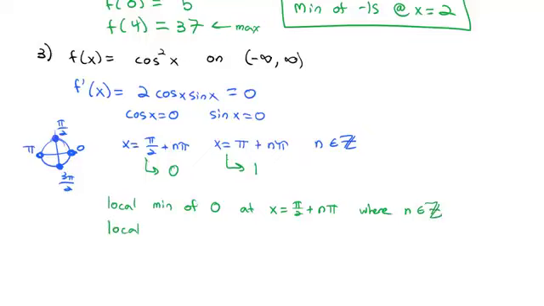And we have a local maximum of 1 at x equals pi plus n pi, where n is an element of the integers again.